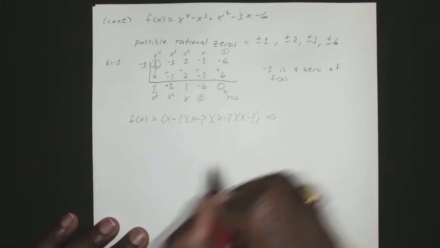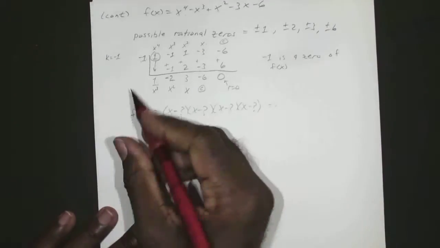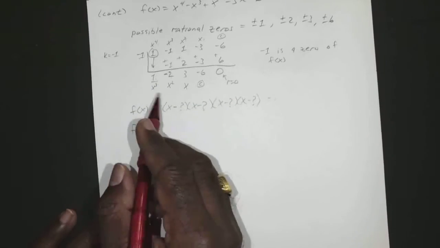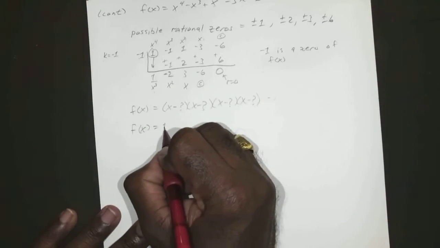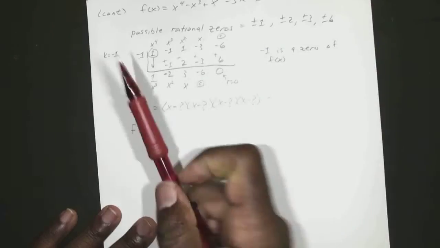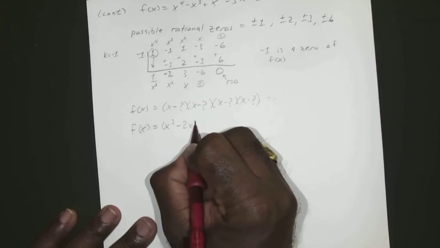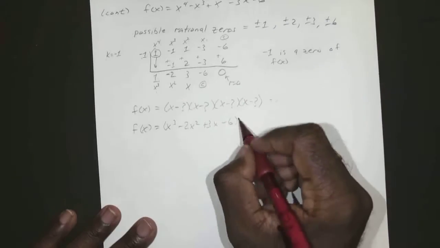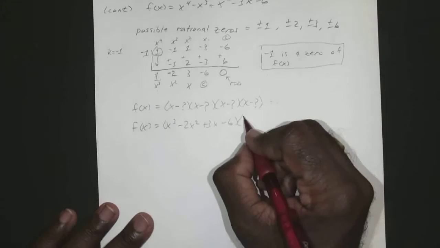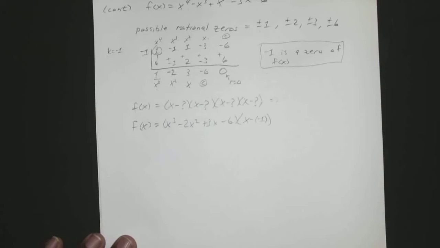So at least for now, f of x is equal to x to the 3rd minus 2x squared plus 3x minus 6 times x minus -1, which becomes x plus 1, but we can do that step later.